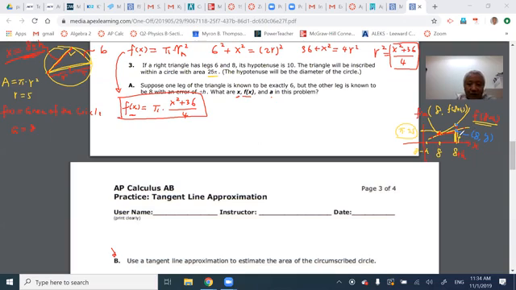So how do you do that? We use the approximation. We have this point, and this point here is 8 and f(8).